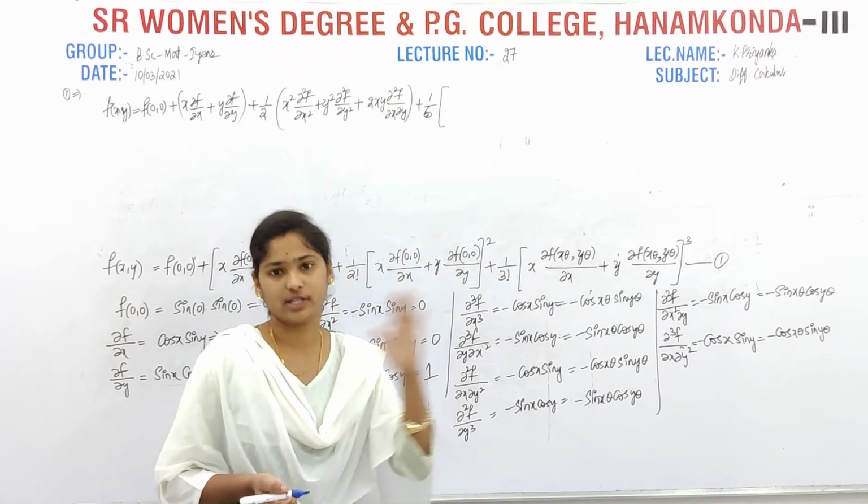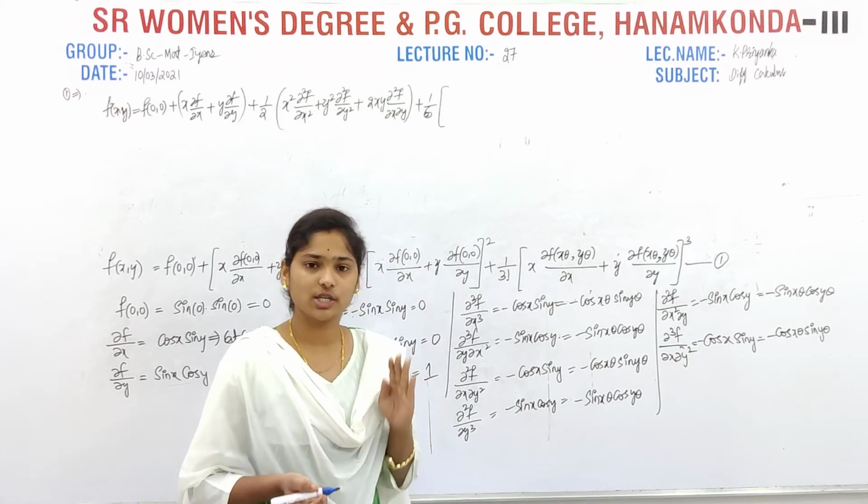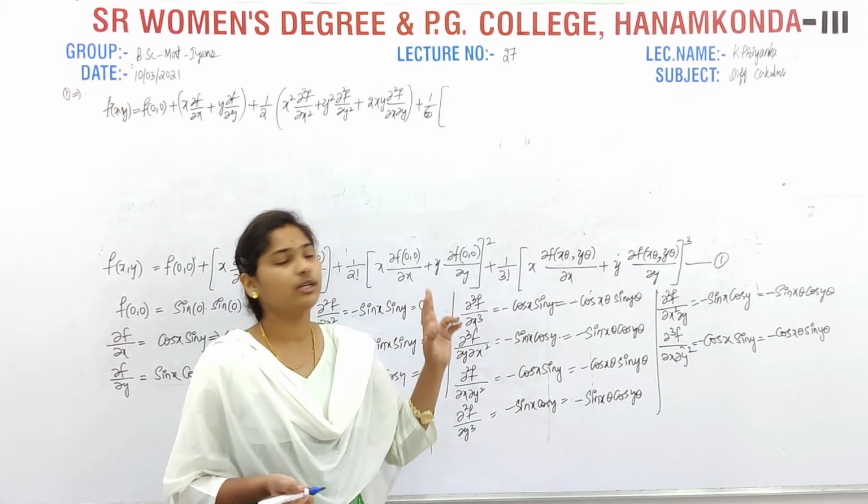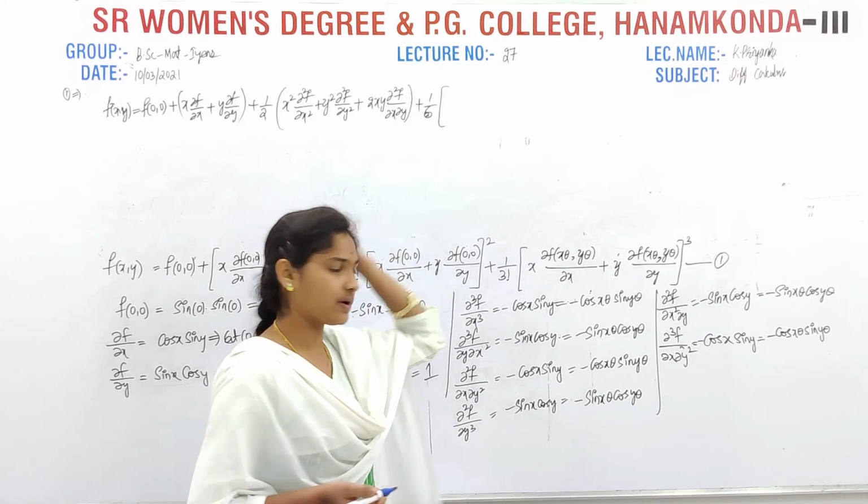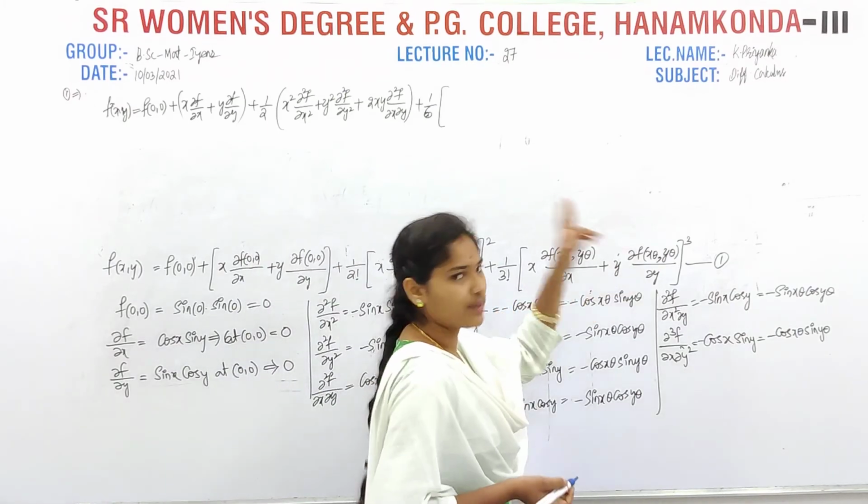So they gave the RHS value and LHS value. LHS is sin x into sin y, and coming to the RHS we have 1 by 6 only. That's why I am taking directly (a plus b) whole cube.